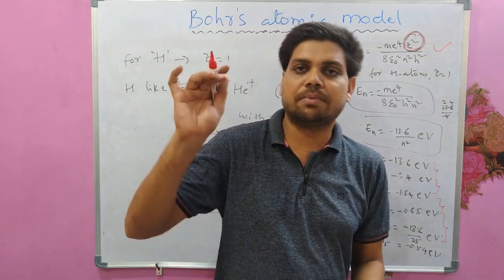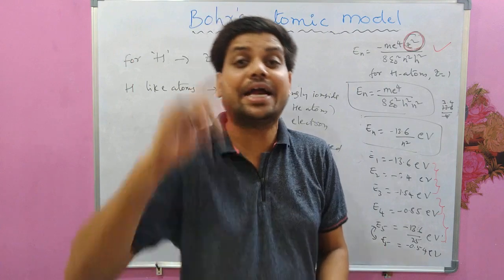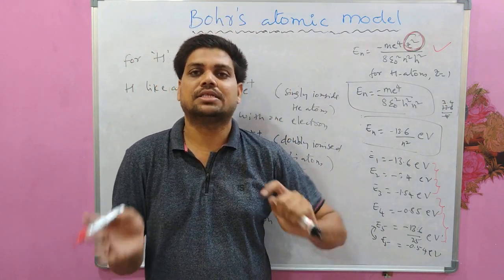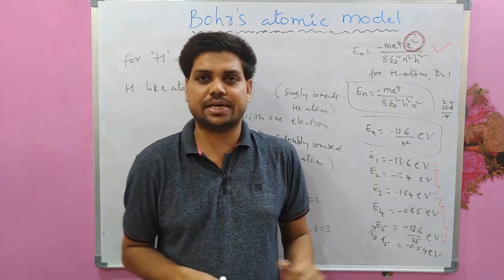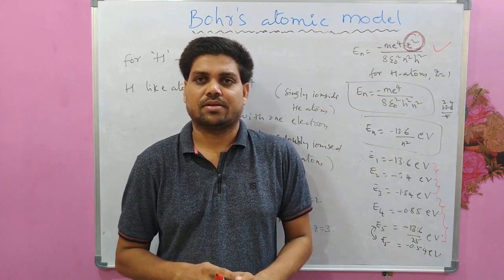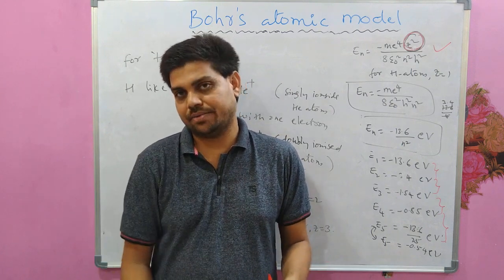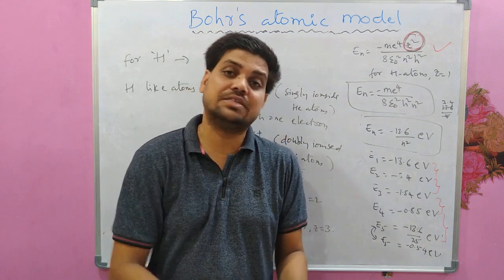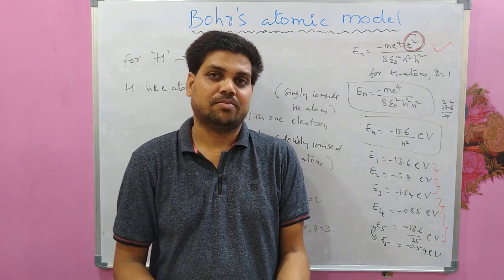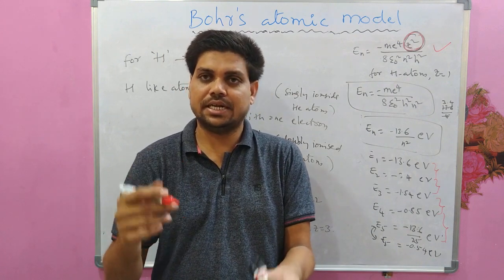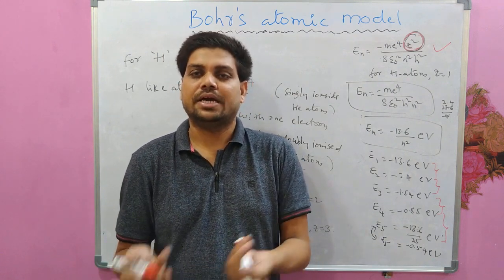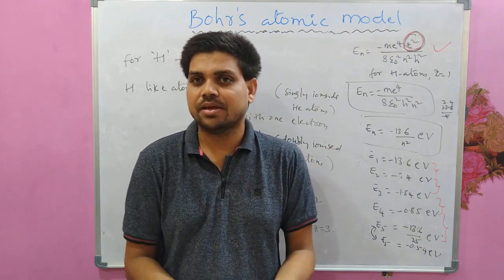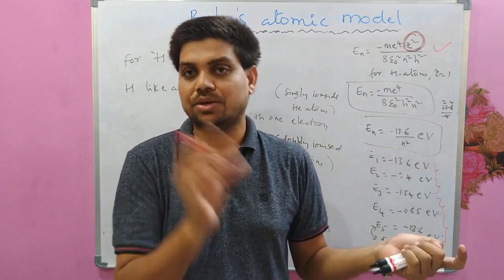Bohr atomic model is applicable to hydrogen and hydrogen-like atoms. And hydrogen-like atoms will not have the same Z as hydrogen atom, because proton number will be different, and according to the proton number the charge of the nucleus will increase. For example, if it is hydrogen, it is Ze, that is 1e. For helium plus, it is Ze, that is 2e. For lithium plus plus, Ze, it is 3e. So 3 times the hydrogen atom nucleus charge.